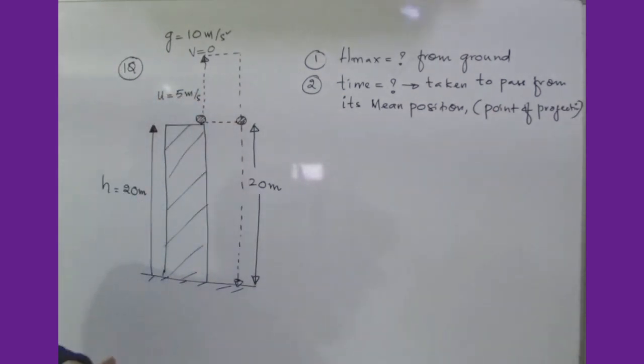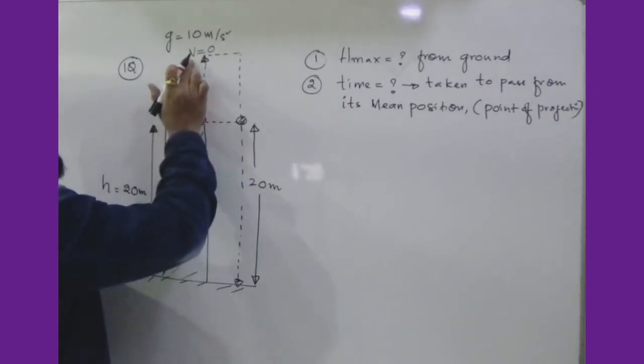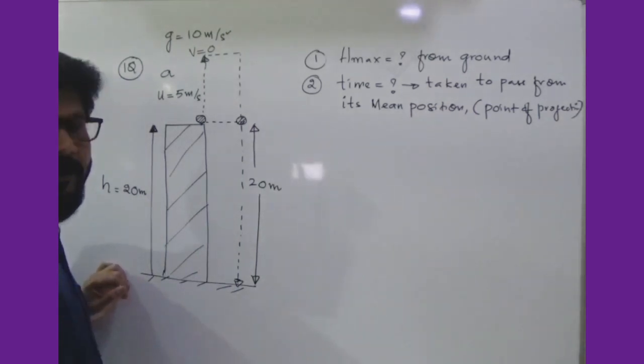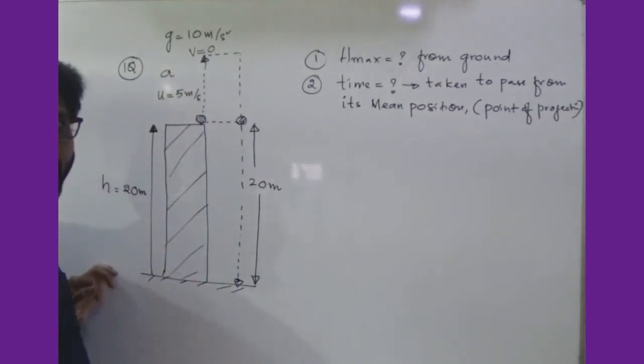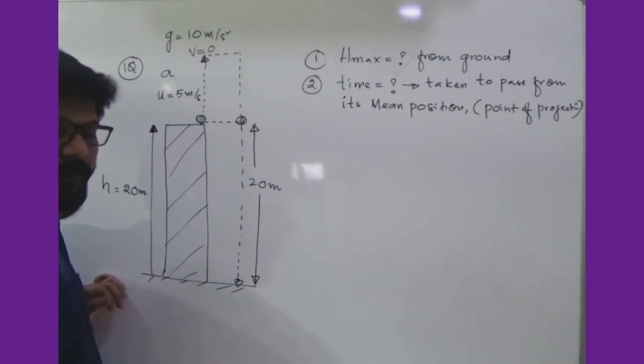What do we have to apply to calculate this distance? U is there, V is there, acceleration is there. We want the distance travelled, or the displacement, in the upward direction. Can you tell me what formula we have to use?